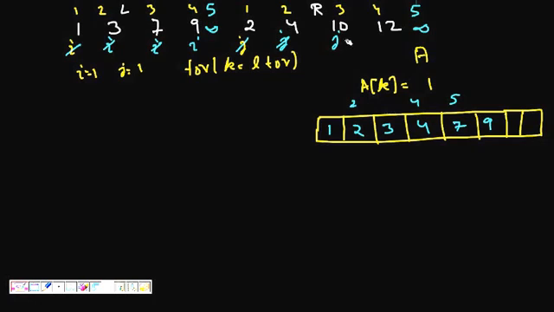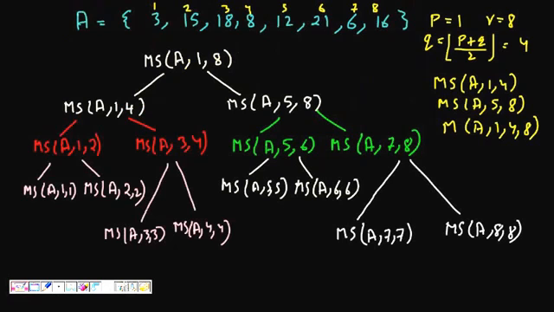R[3] is compared with L[5], which is infinity, so 10 gets copied here. j is incremented, and now R[4] is also less than L[5], which is infinity, so 12 is copied here. This way we saw that in theta of n time we can merge two sorted arrays. Okay, so this is done.